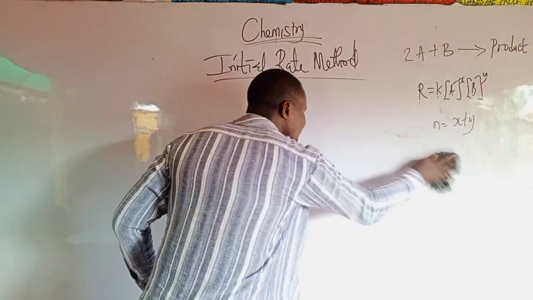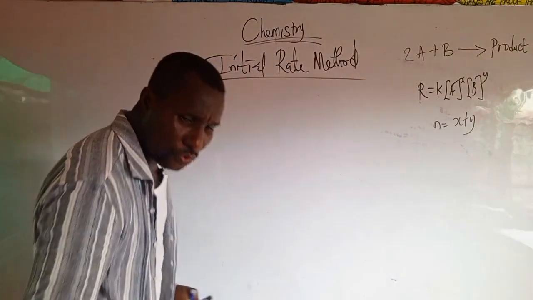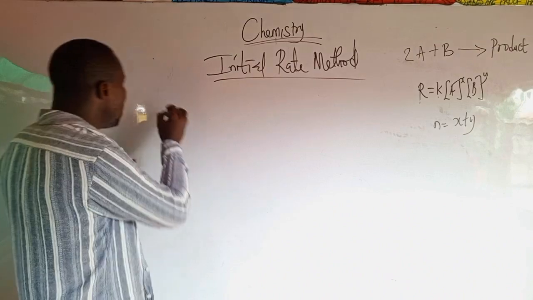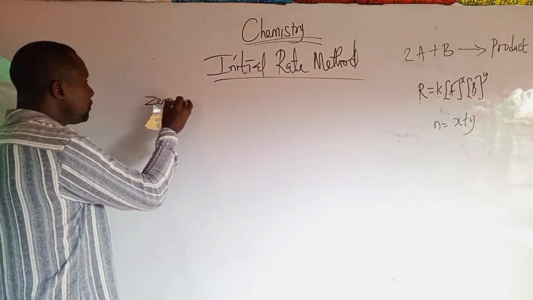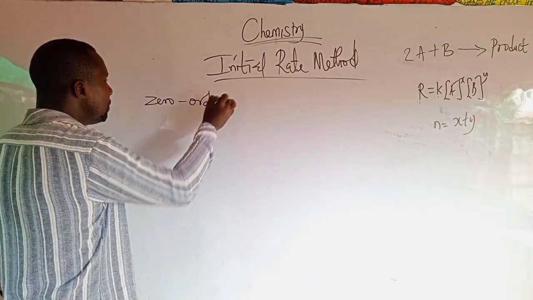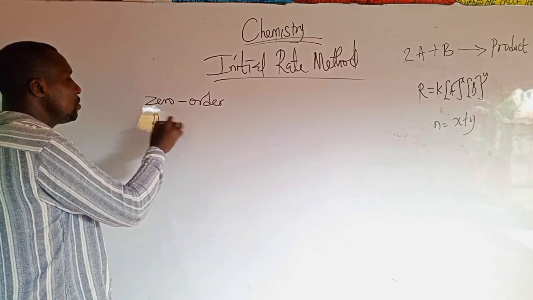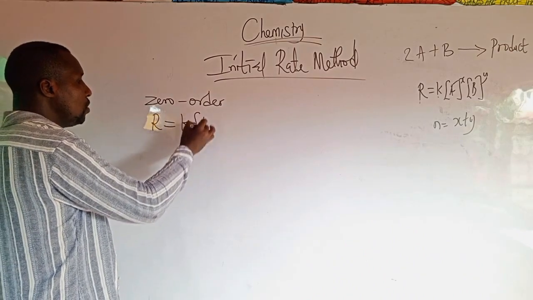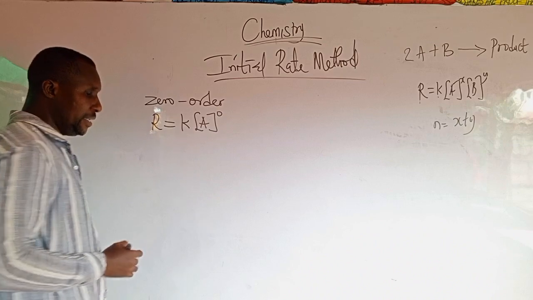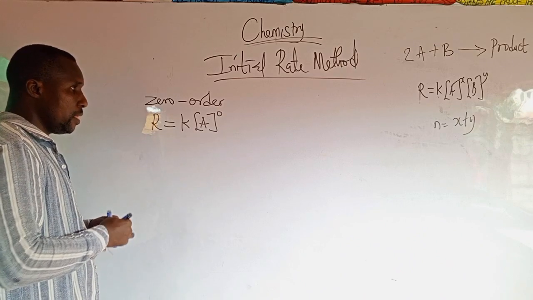Please, let us move. Before we move, I want you to know this. When you have zero order, you have R equals K, concentration of A raised to power 0. This is zero order.